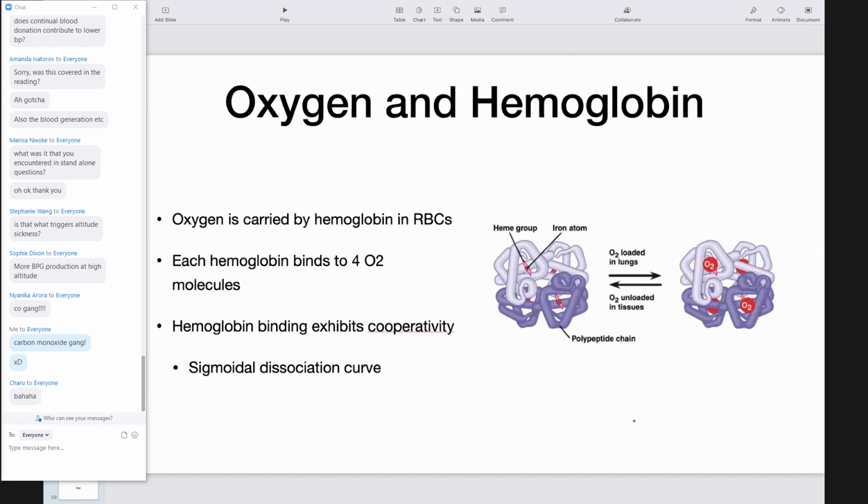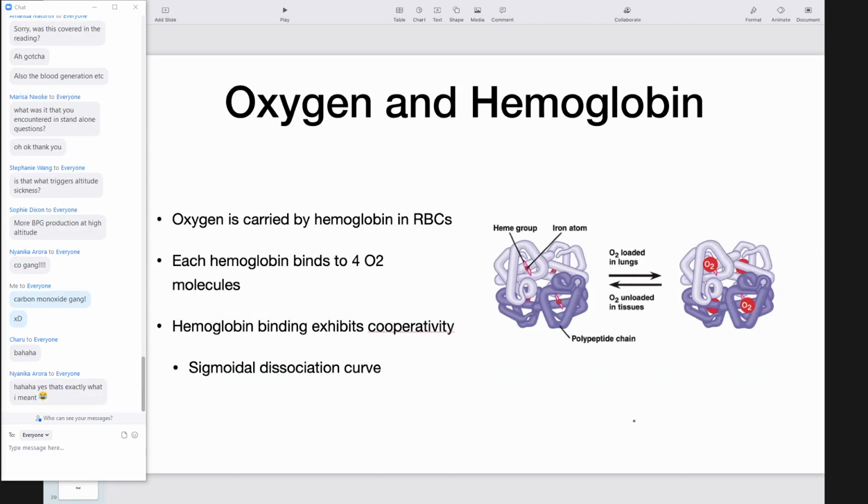So oxygen and hemoglobin. What is this very fascinating protein that carries the oxygen throughout the body? We have 4 subunits, which are 2 alpha subunits and 2 beta subunits that each have a heme group, so have an iron in it. And what the oxygen does is it binds to this iron. So we have these hemoglobins that flow through the body.